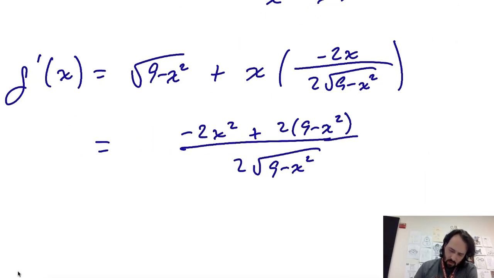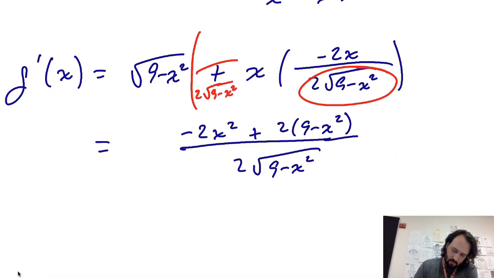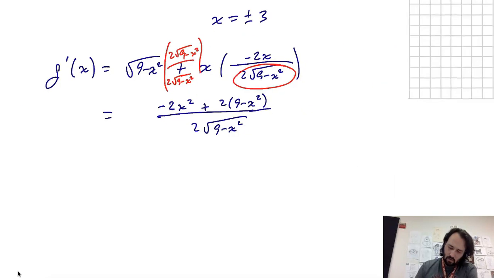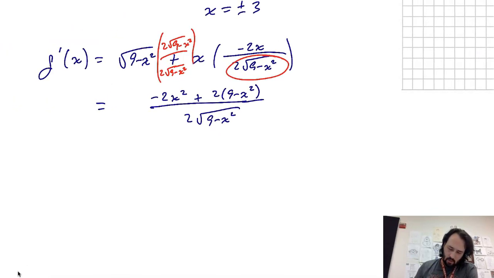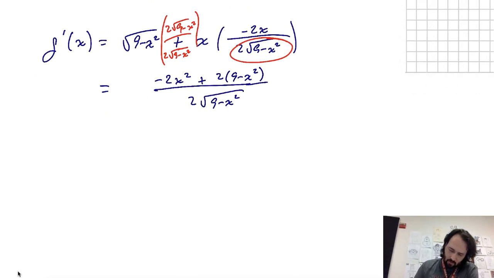All right, so again, getting common denominators here. This one's going to be over 2 root 9 minus x squared. So I need to multiply 2 root 9 minus x squared, top and bottom, in order to get a common denominator there. And then I just combine them into the same fraction. All right, so then I will combine a little bit more. So I would have negative 4x squared here, plus 18 over 2.